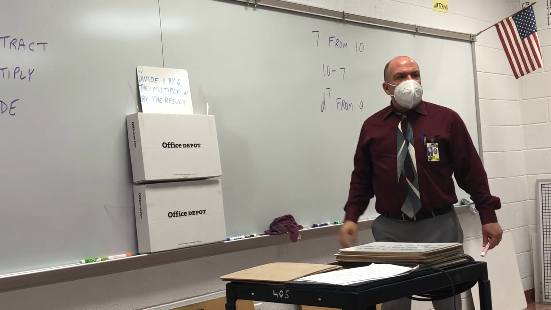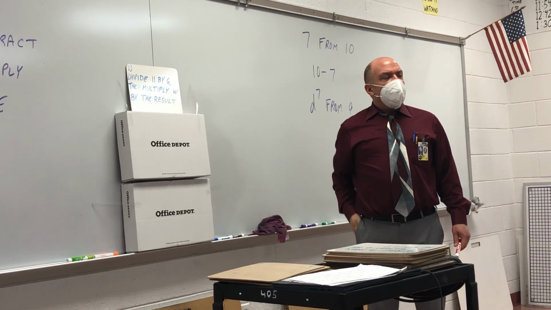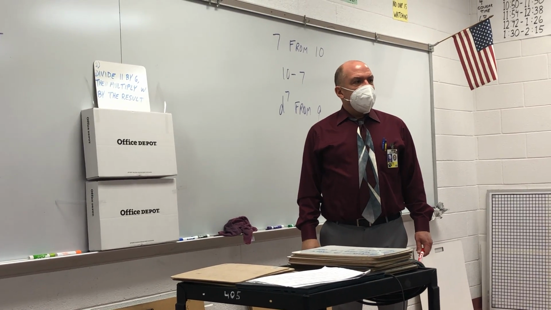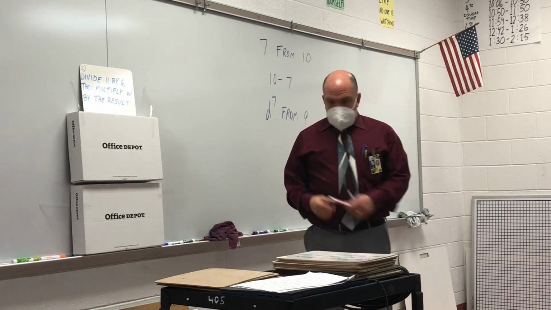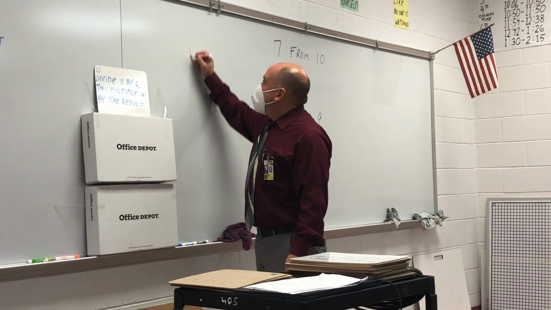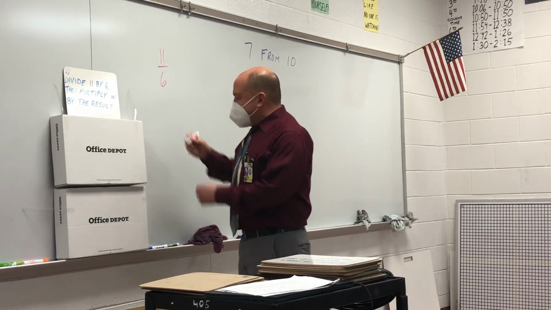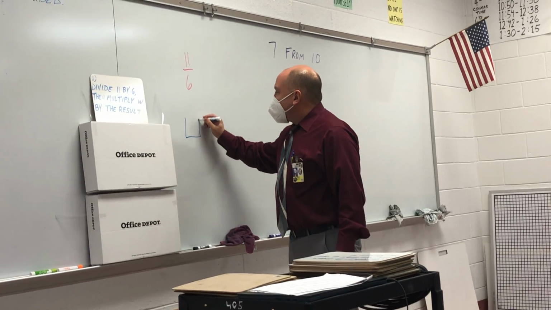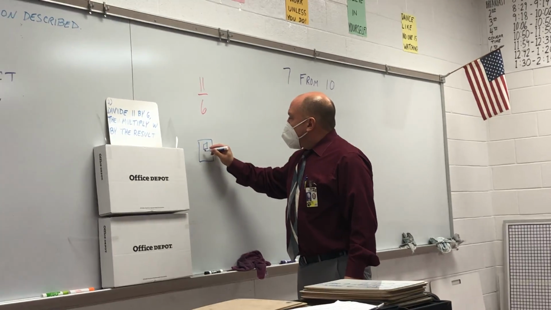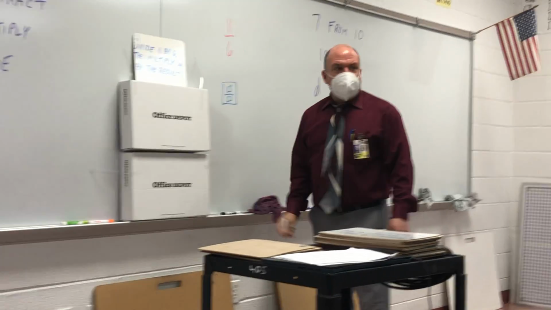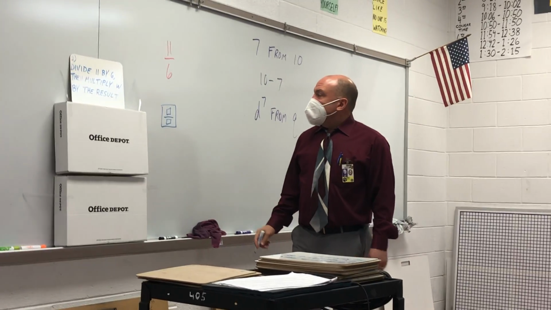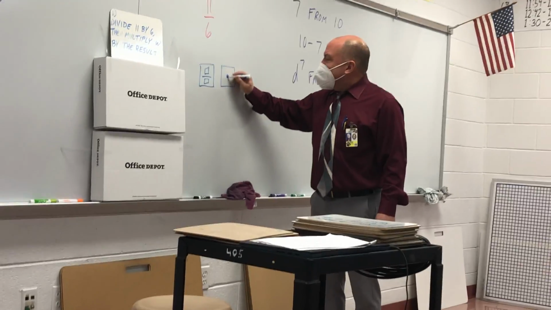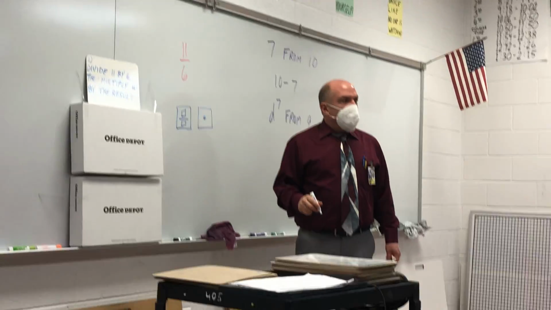Divide 11 by 6. Go for it, Michaela. How do I do 11 by 6? 11 divided by 6, right? And once again, you're going to get that little box that you're going to need. How many people know that a dot means times?